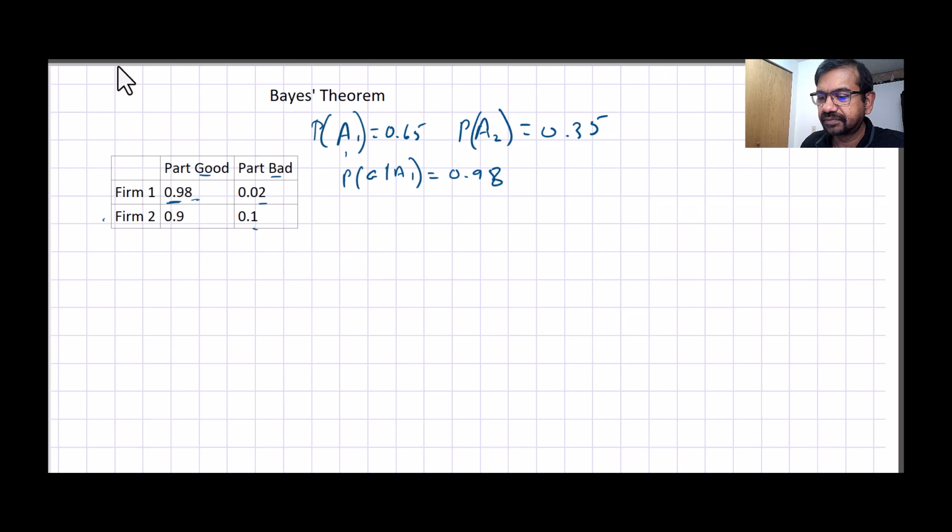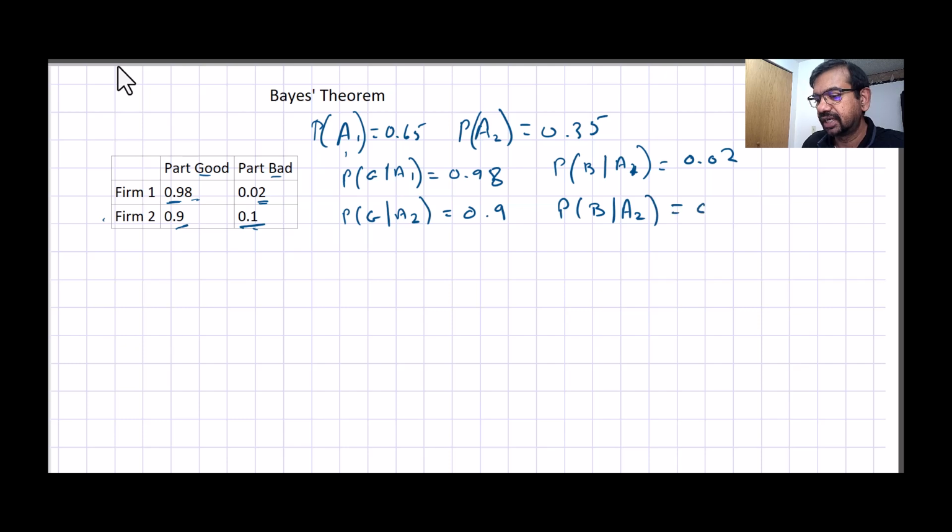Similarly, the second cell gives us the probability, again notice I'm writing my conditional first, the fact that this part came from firm 1 and this part is bad, that's given by 0.02. Similarly, this cell gives us the probability that the part came from firm 2 and the part is good, and that is 0.9. And then the final cell gives us the probability that the part is bad, conditional on the part coming from firm 2, and that's 0.1.